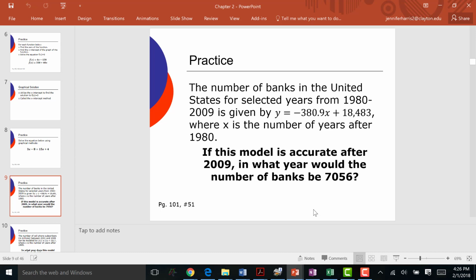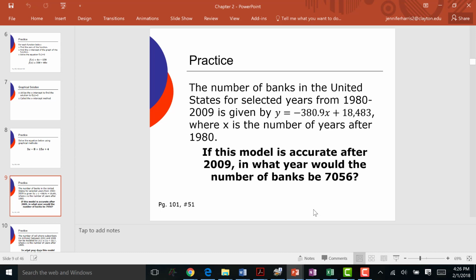So let me say this before we go on. What are you trying to find? Because you've got to know what you're trying to find before you plug it in. Are they wanting you to find the X value or the Y value? They gave you the Y value, so you've got to find the X value.